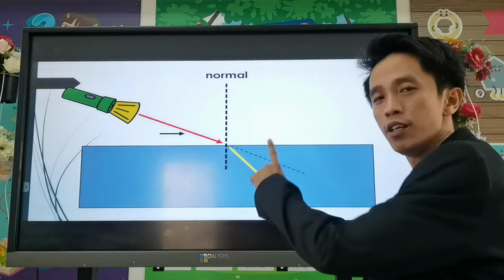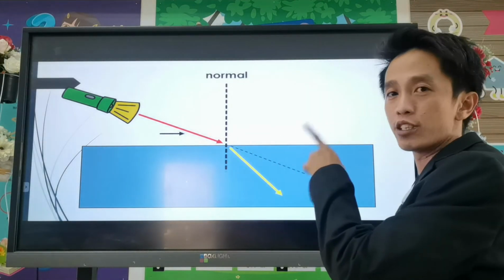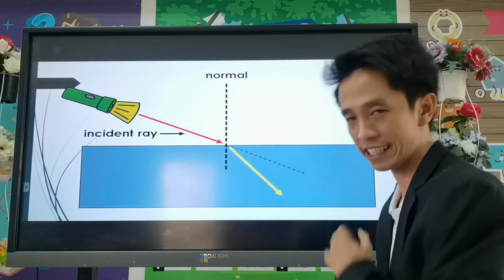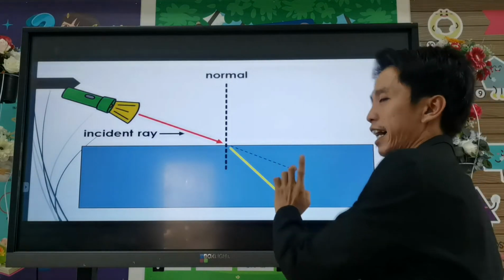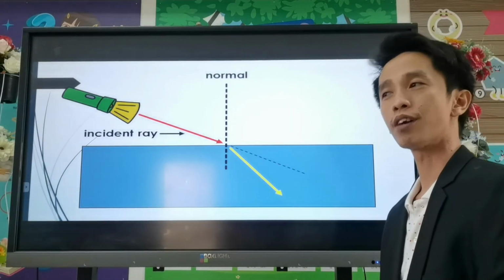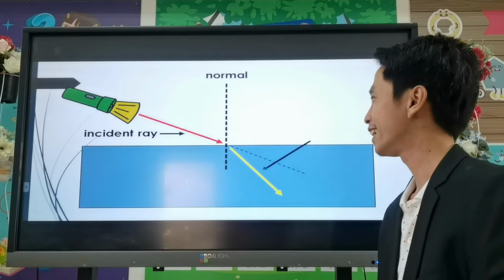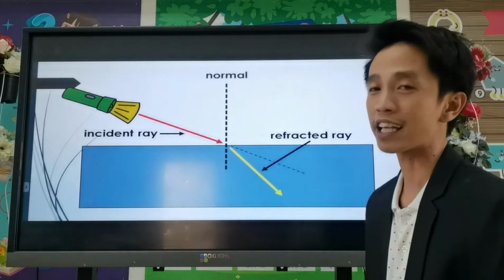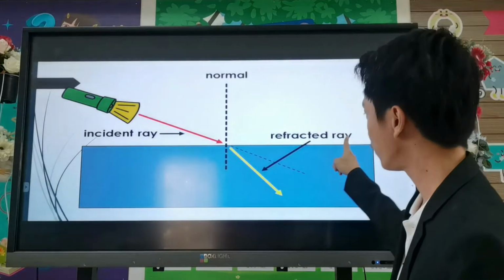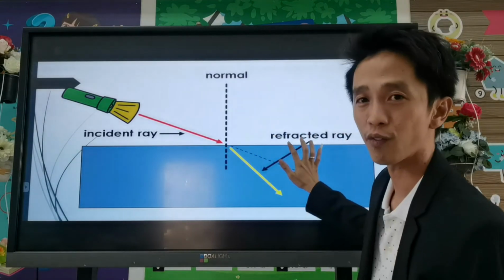This red line is called the incident ray, and the yellow line is called the refracted ray. It's the same ray, but this one is refracted.